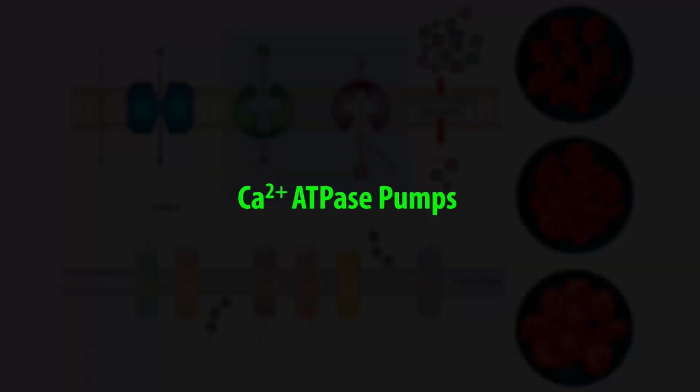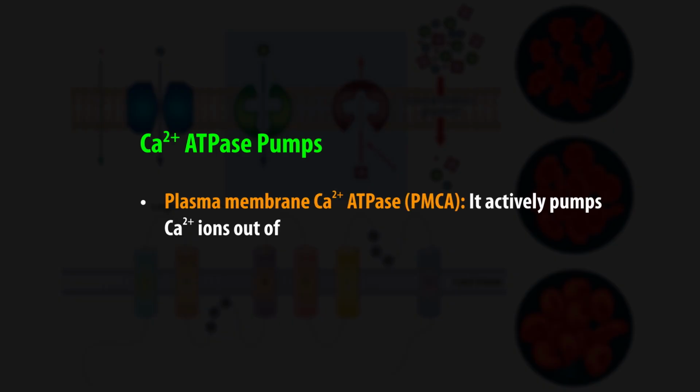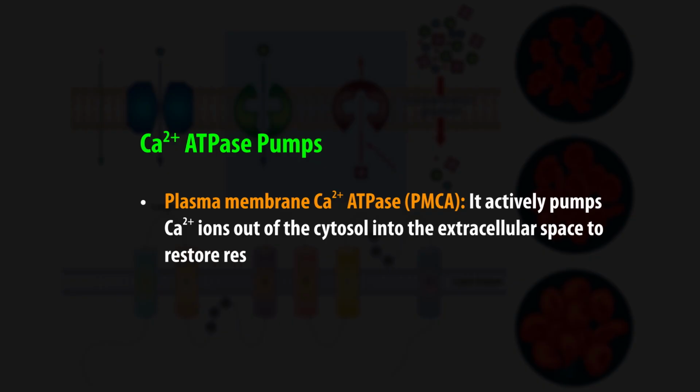Calcium ATPase pumps. Plasma membrane calcium ATPase, or PMCA, actively pumps calcium ions out of the cytosol into the extracellular space to restore resting calcium levels after signaling events.